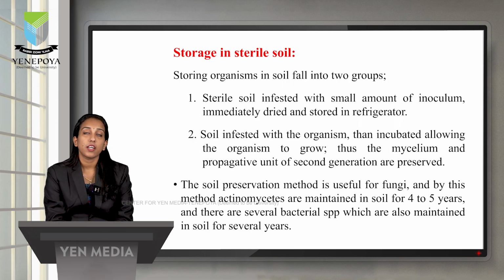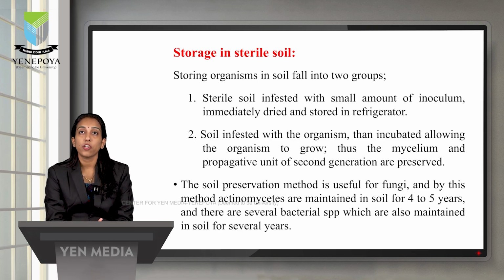Then the next preservation method is storage in sterile soil. We can mix the inoculum with the sterile soil, dry it, and keep it in the refrigerator. That is one method. Or else, we can mix the organism with the soil and incubate it, and the organism will start growing.